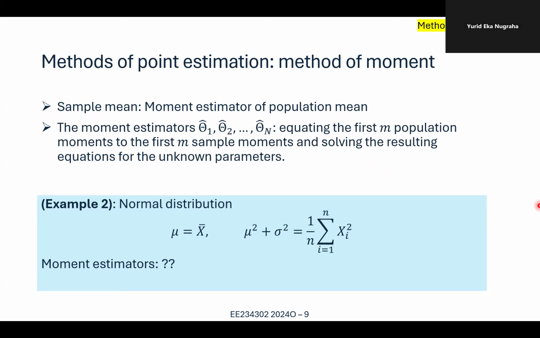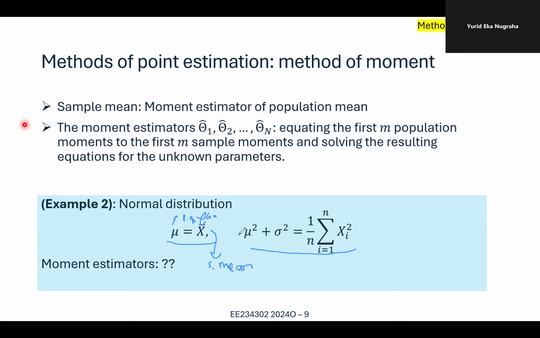For the normal distribution, this is the example we have. mu, the first moment, is estimated by x bar, which is the sample mean. So this is the population mean, and this is the sample mean. We want to find whether this is an unbiased estimator by looking at the two equations.